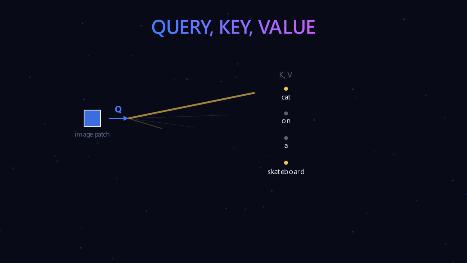Here is exactly what happens at one of those checkpoints. The image's own features at every spatial location generate a query vector. Think of it as the image asking, what should be here? Each word embedding from your prompt generates a key and a value vector. The network compares every query against every key with a dot product, runs the result through a softmax, and gets a set of attention weights, a distribution over how relevant each word is to this specific patch of the image.